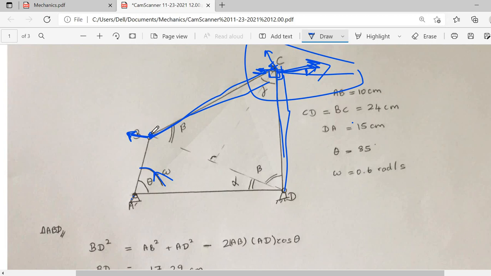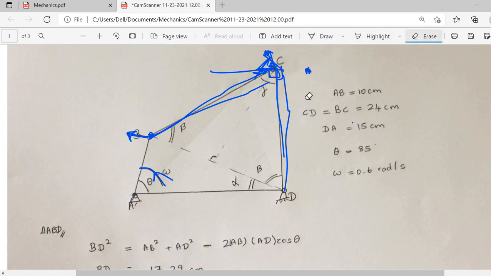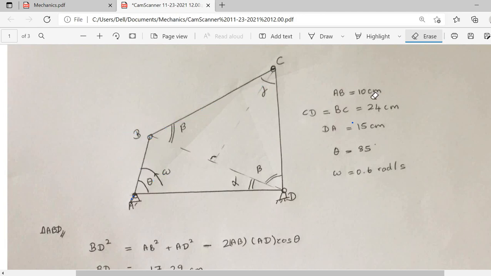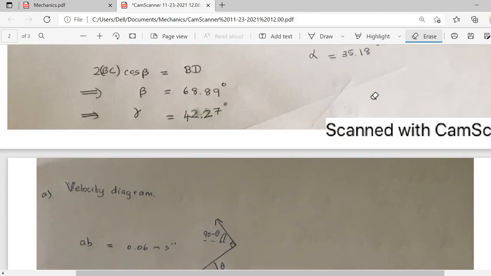If I take the value of C relative to B, it would have a rotational motion, so we can directly tell it would be at 90 degrees. The main thing is we need to find the value of these angles, the angle which it makes with these different velocities. So that would be a little bit challenging thing for you. So let's see how to do it.